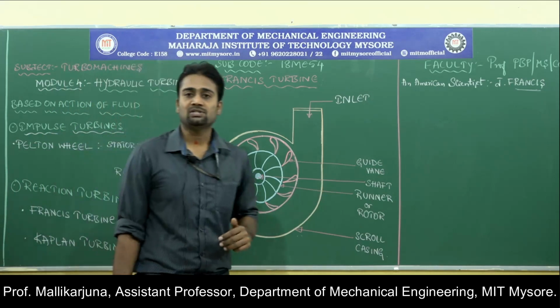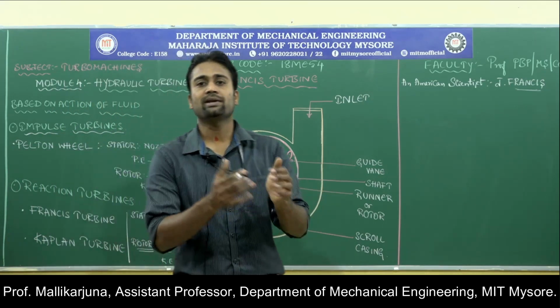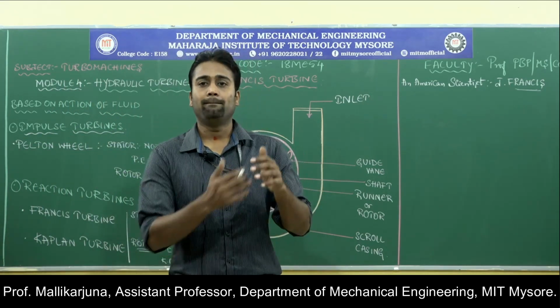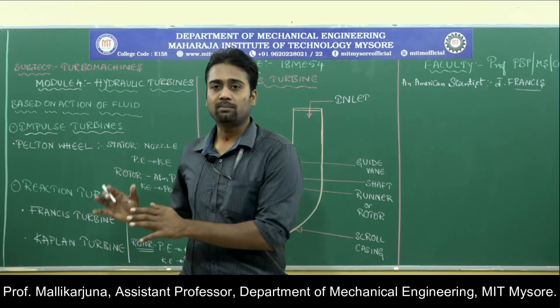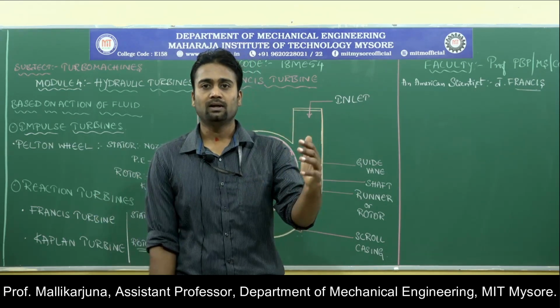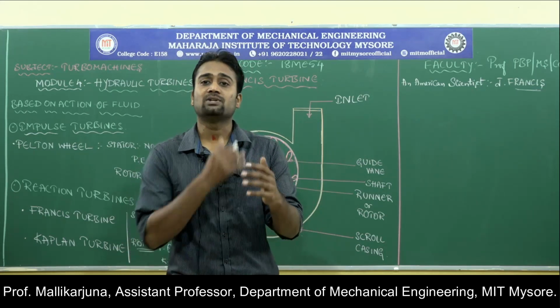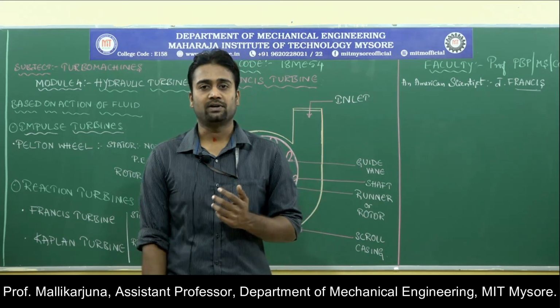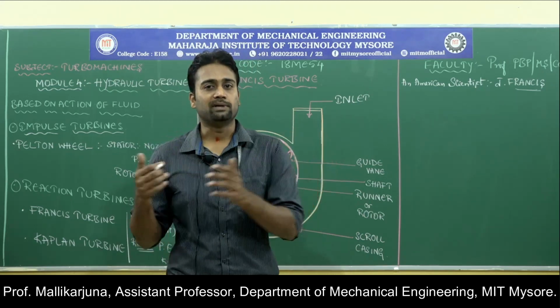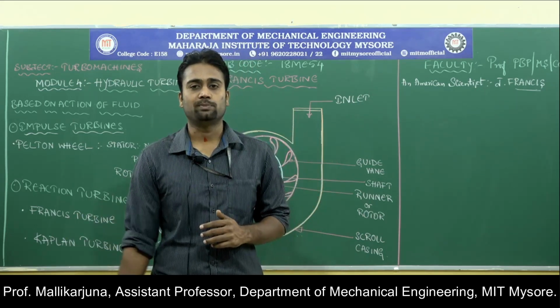While dealing with the classification of the turbines, we have gone through various other classifications also. Based on the head available, the turbines are classified into high head turbines, medium head turbines, low head turbines. Based on the speed, the turbines are classified into high speed, medium speed as well as low speed turbines.